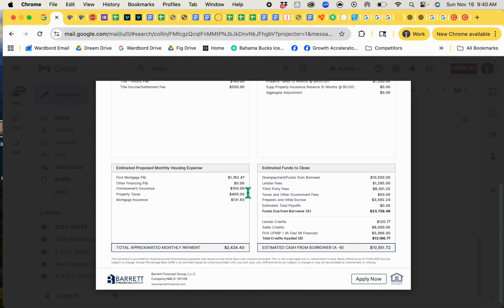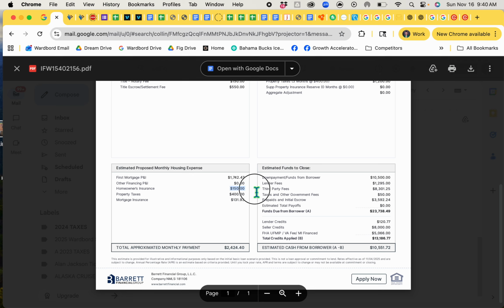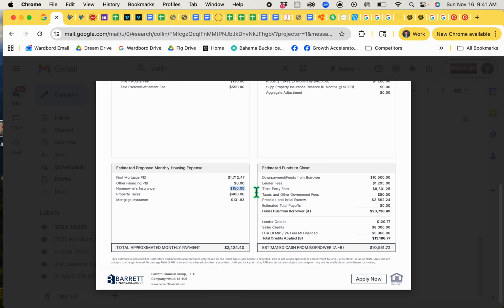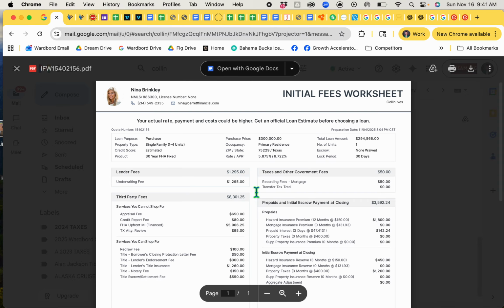Basically, the $150 part of your payment that goes towards insurance implies that $150 times 12, let me see, just to be sure, 150 times 12, means your homeowner's policy for the year would cost $1,800 on a $294,000 house.